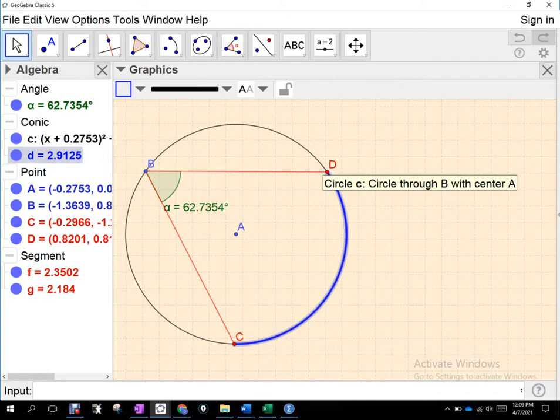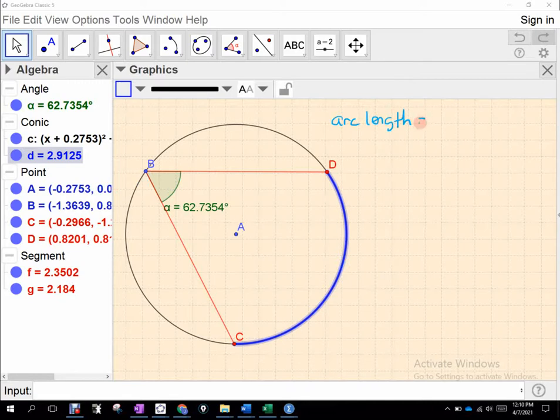Do you guys remember, let's see here, just lost my pen. That this distance can be found using the formula. Arc length is equal to x over 360 times 2 pi r, correct?